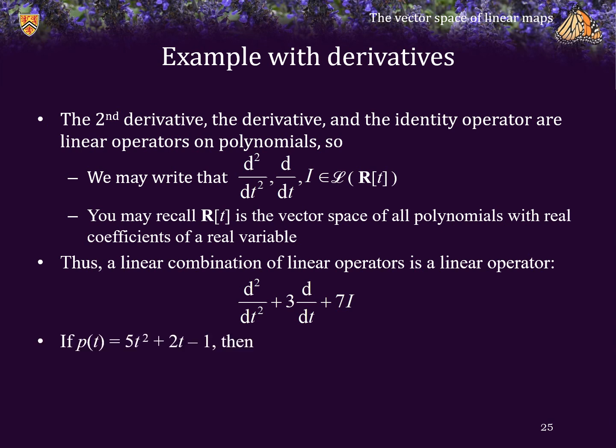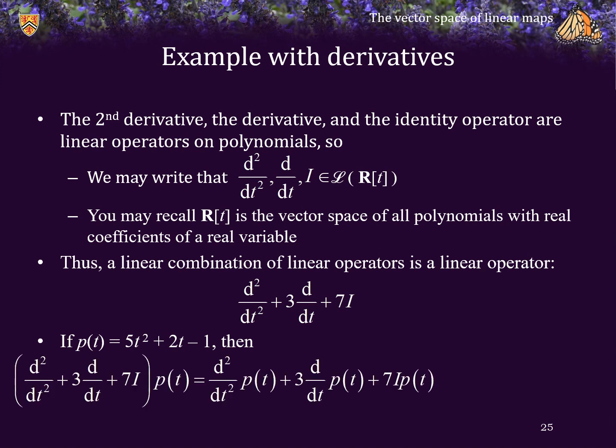So now if we pick an arbitrary polynomial, here's a polynomial of degree 2, and we apply this linear combination of operators to P of t, well, that's just the operators applied to P of t with that same linear combination. Now, looking at this, the second derivative of P of t is just 10.